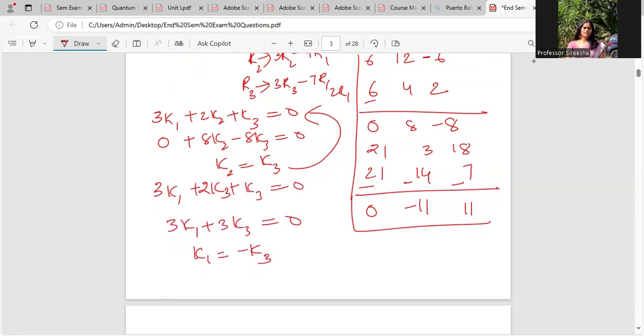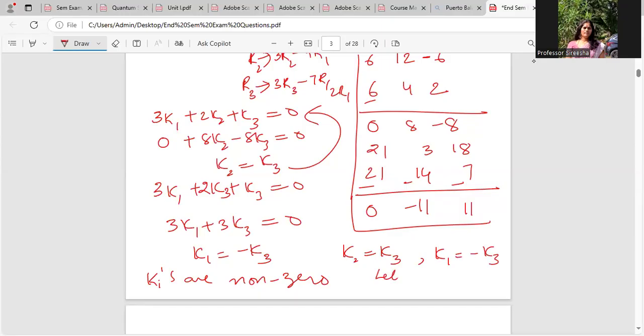Agreed? Yes. Now, I can clearly see none of the ki's are zeros. The ki's are non-zero, right? Why? Because I've got k2 is equal to k3 as one relation, and k1 is equal to minus k3 as another relation.